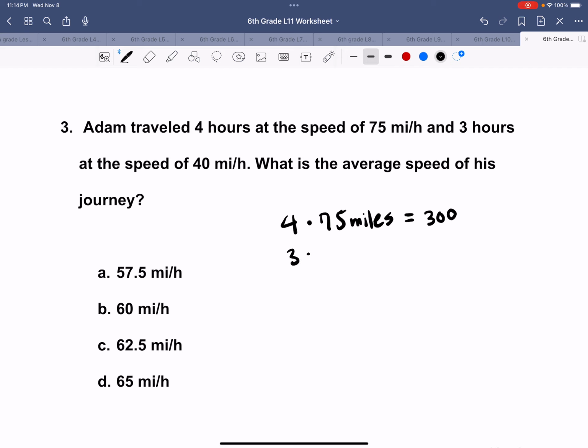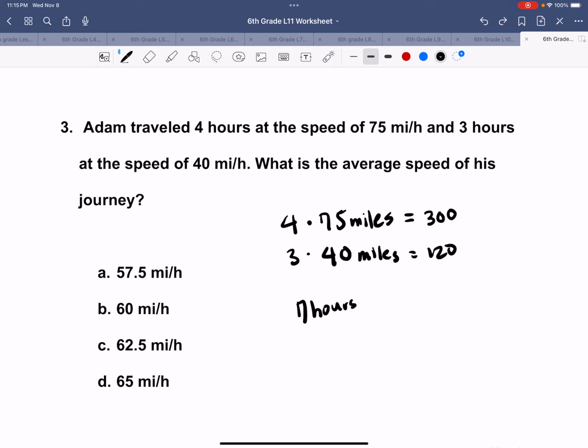And he drove 3 hours at the speed of 40 miles. And we'll get 120 for that. So he drove a total of 7 hours.